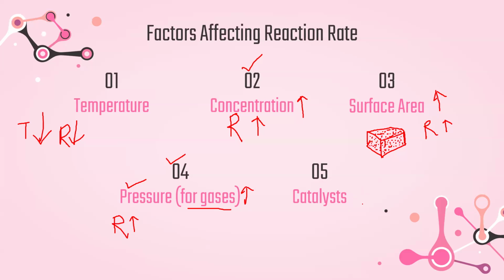And the catalyst as well. Catalysts are basically of two types. Some types of catalyst increase the rate of reaction, some types of catalyst decrease the rate of reaction.